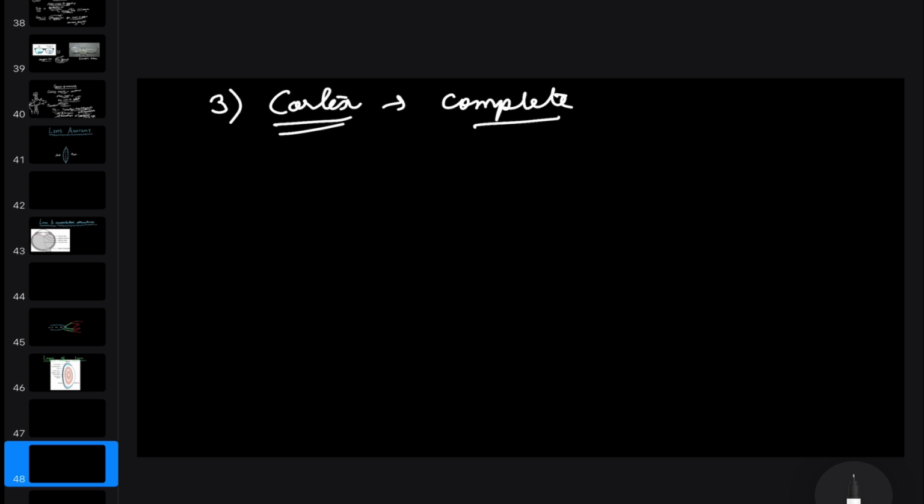So the cortex is what we can say to be the lens fiber layer. As of now, the capsule and the epithelial cells are not lens fibers. I had said that the E cells in the epithelium elongate and in the future will form lens fibers, but they themselves are not lens fibers.